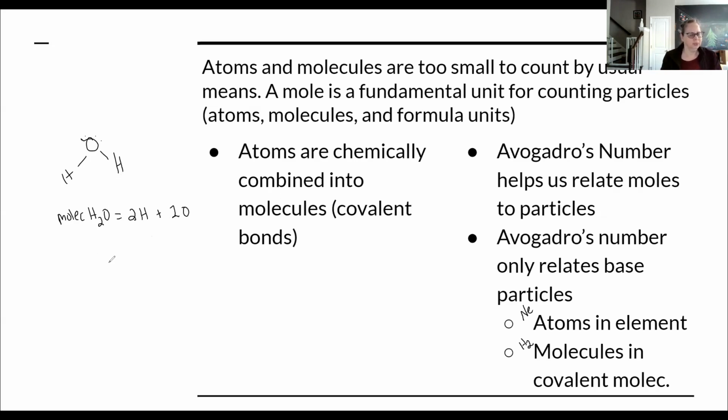But that also is going to give us a relationship. 2 plus 1 is 3 atoms. So for every 1 molecule of water, there are 3 atoms. So sometimes you have to do another further step. For instance, if they asked us for how many atoms are in 10 moles of water. Atoms is not the base unit for molecules. Molecules is.